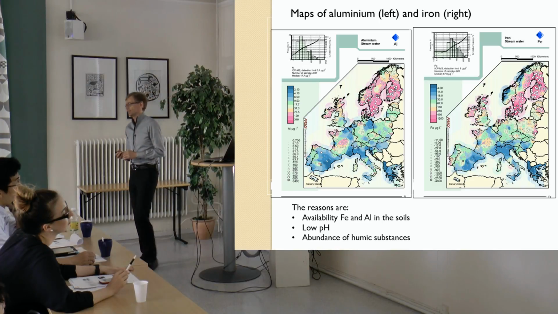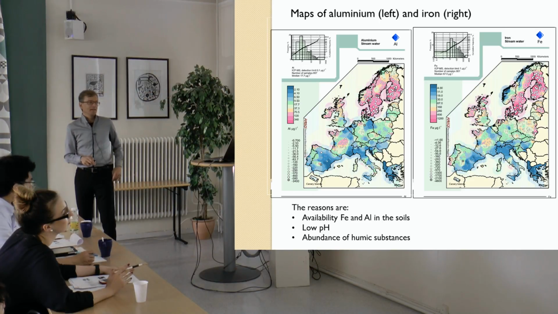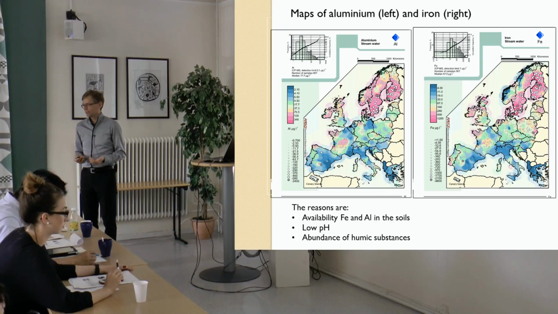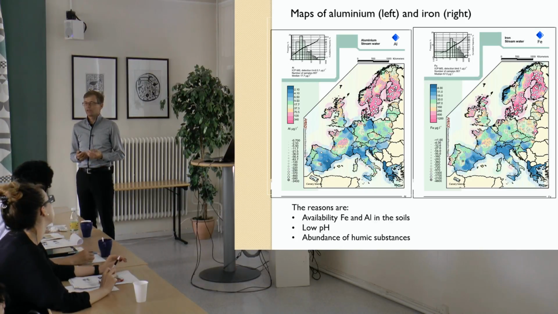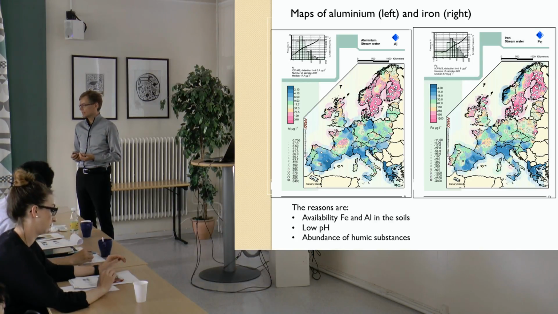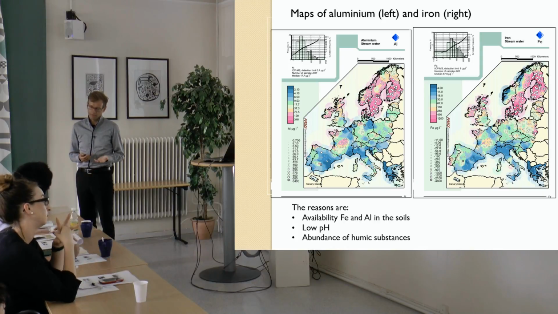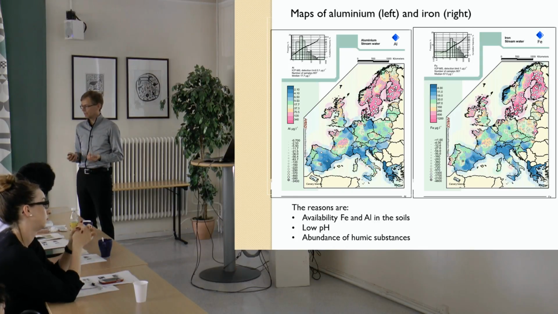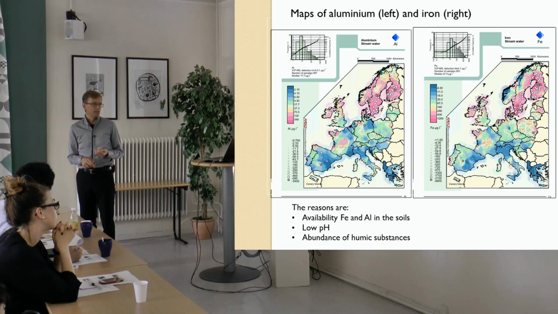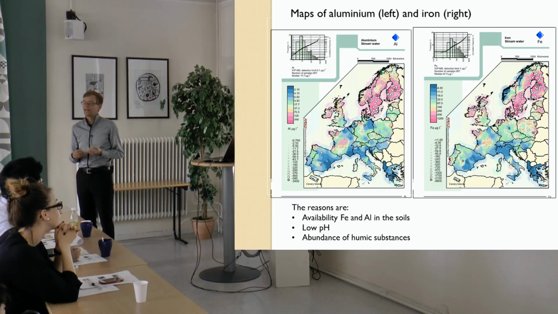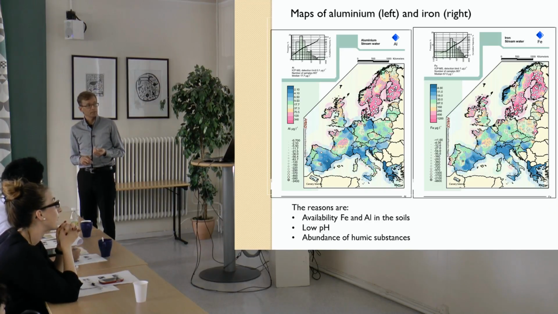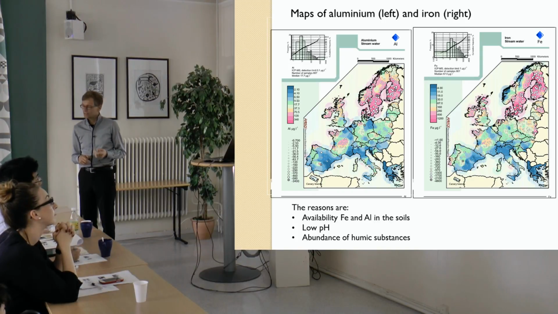Low pH. When the pH drops, the solubility of a number of metals increases. Iron and aluminium and many others. So they are related. You remember the low pH up here? Low pH, and that increases the mobility of these metals. So we get higher concentrations in solution.